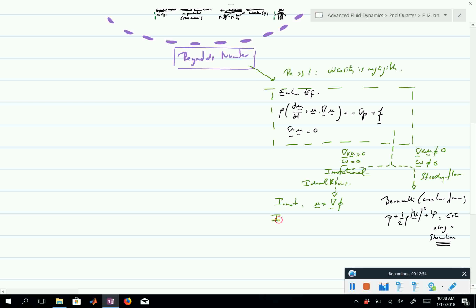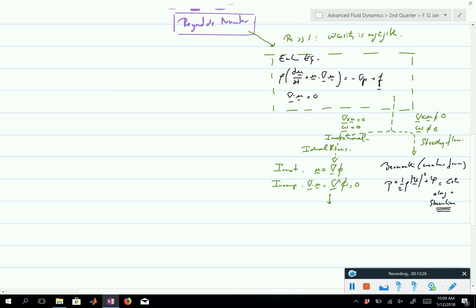And we're assuming it's incompressible, therefore divergence of u is equal to 0, which means that the Laplacian of phi is equal to 0. So the flow velocity field derives from a potential, and that potential is a harmonic function. It satisfies the Laplace equation. And that is convenient because analytically we know a lot of solutions to the Laplace equation.